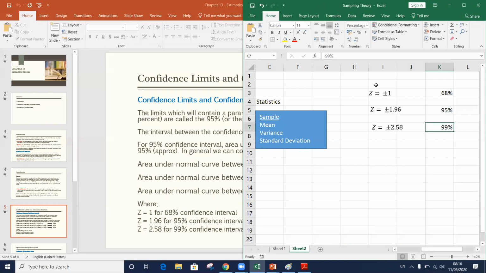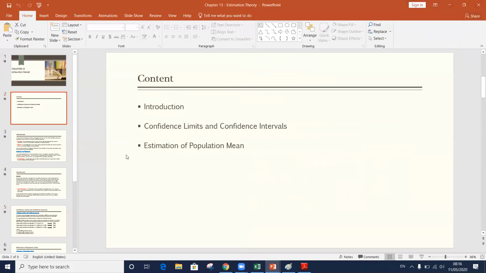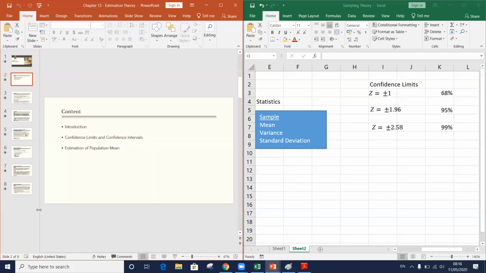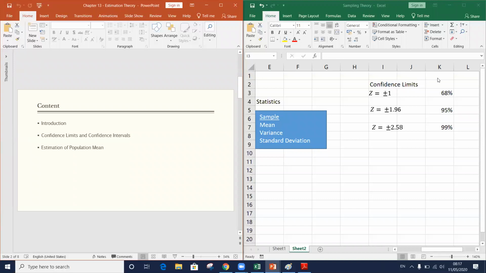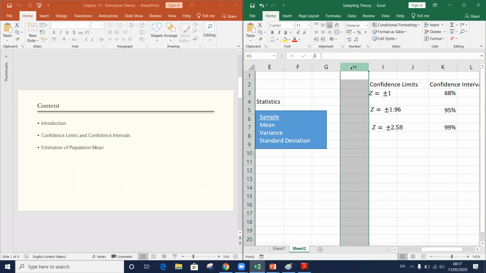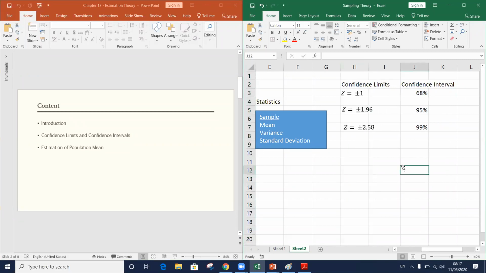So these z values are what we call confidence limits. The confidence intervals corresponding to these confidence limits are the 68%, 95% and 99% shown here.